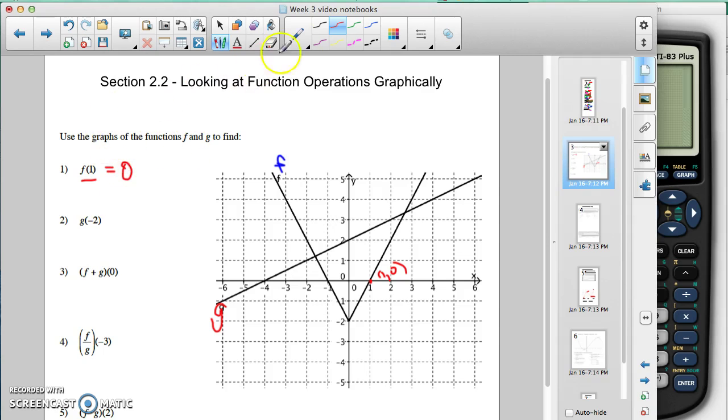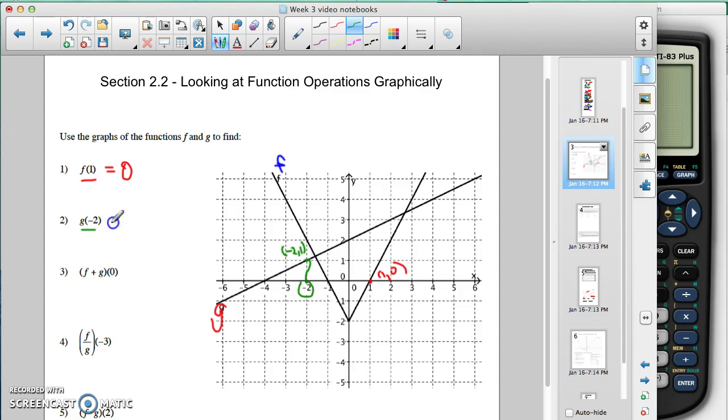Okay, now the second question is going to ask you to travel along the g graph until you reach -2 on the x-axis. So here we are at -2. We would want to look at this point right here for the g graph. In that case, that's going to be (-2, 1) for its ordered pair.